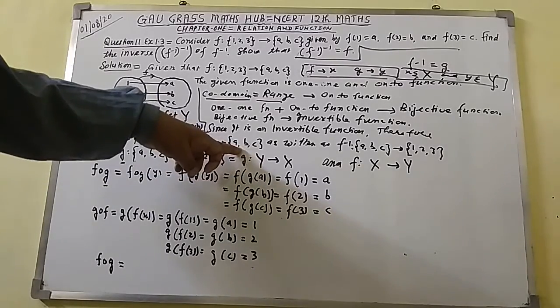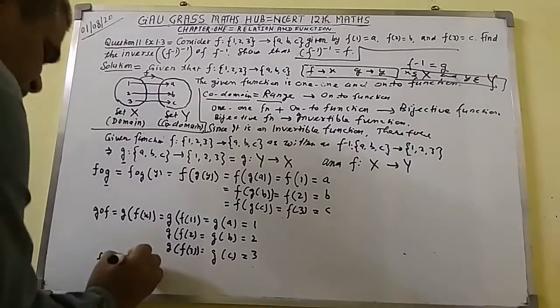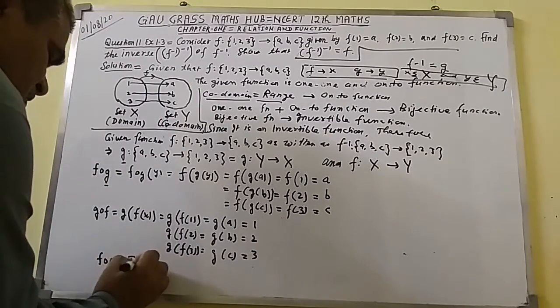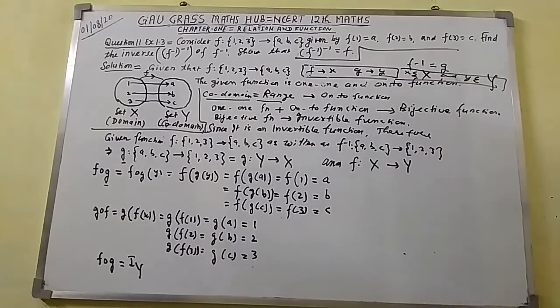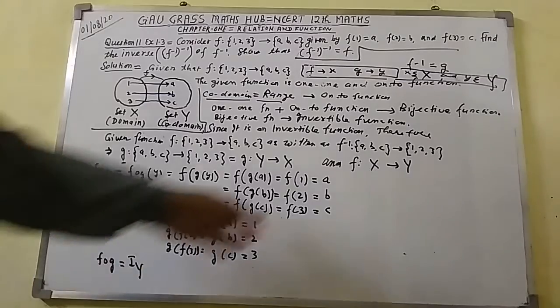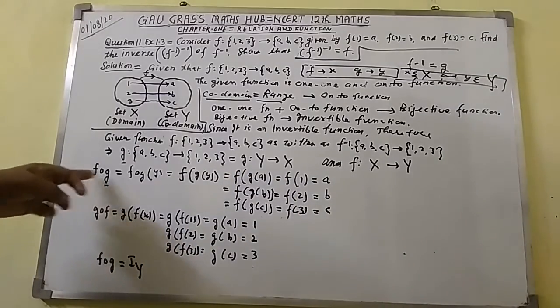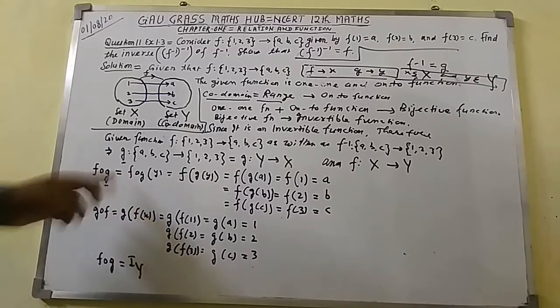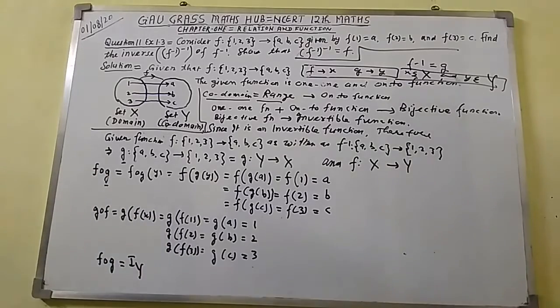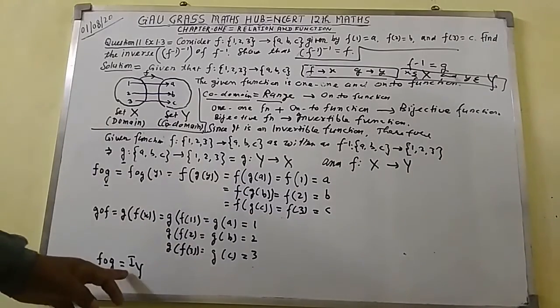So here you can see Y, this is Y. So this will become the identity function on capital Y. Identity function on set Y. So the set Y for the identity function is A, B, C. Here you can see F of G. I have written F of G equal to I_Y, the identity function on set Y, that is the range.